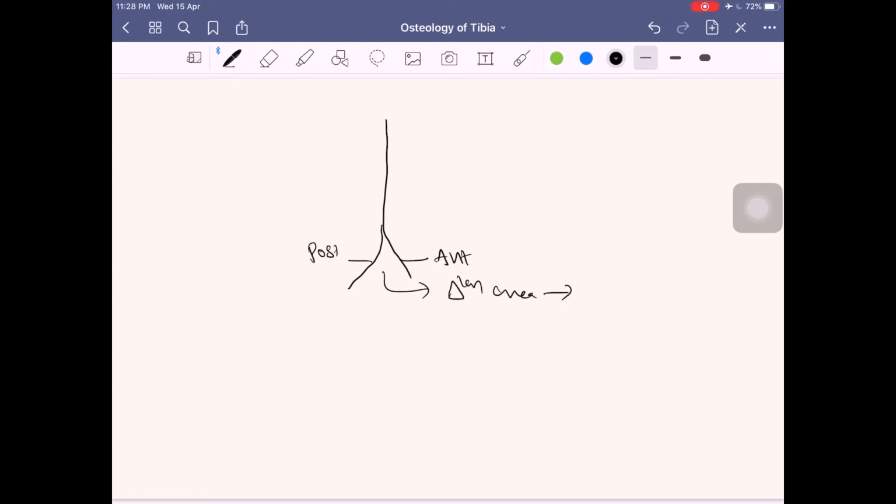This triangular area is your notch for the fibula. So you can simply call this a fibular notch.